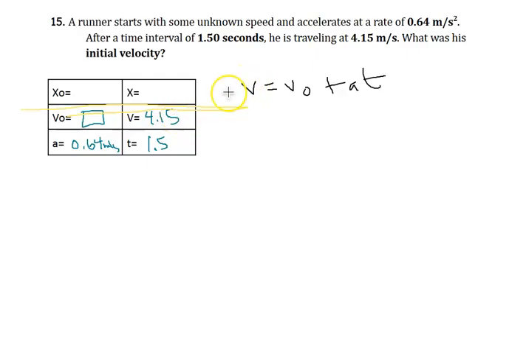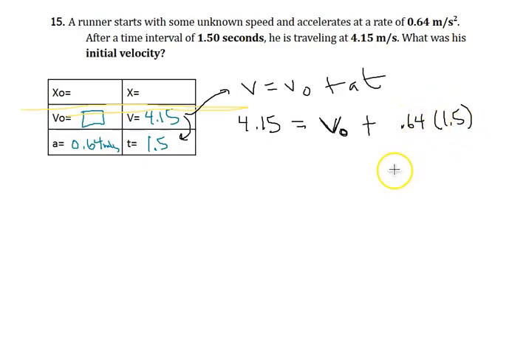So you know the final speed, meaning final being at this particular time, you know that he has a speed of 4.15. V naught is what we're looking for, so we're going to leave that as a variable. He is speeding up, so A is positive 0.64, and T is 1.5.